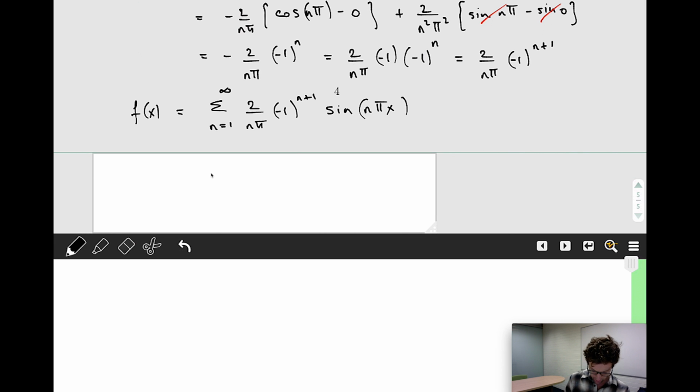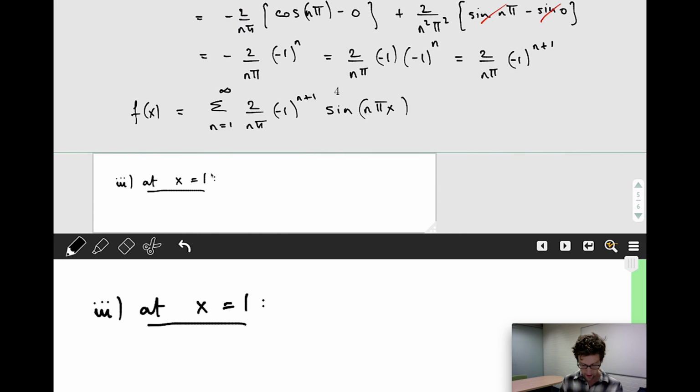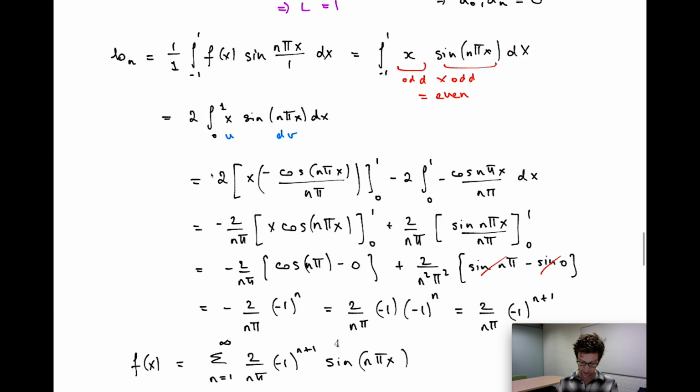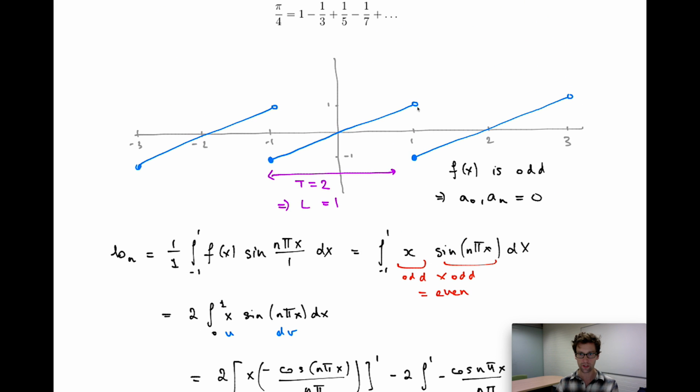So at x is equal to 1, this is part 3 of the question. We have two options. First of all, we could look at our sketch, or we could look at the Fourier series. If we look at our sketch, however, we know that our function is actually discontinuous at the value x is equal to 1.